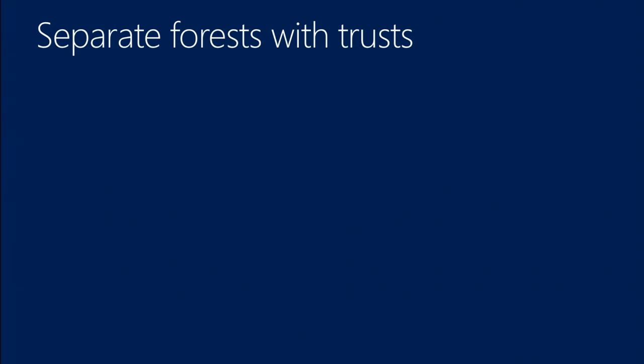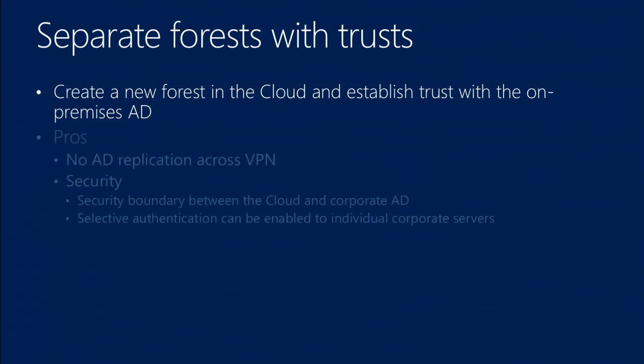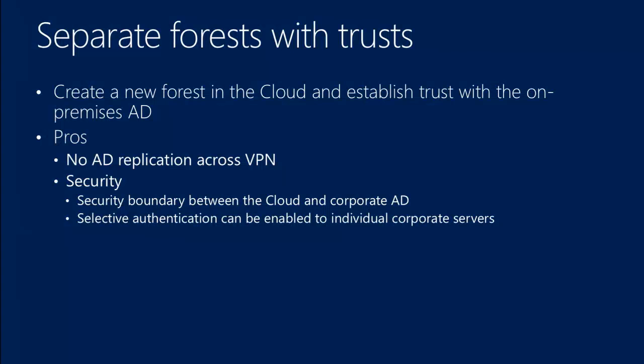Separate forests with trust, the problem with those, we can create another forest up in the Azure cloud, and then we can have a trust with on-premise. But what we've got there if we do that is that we've got the pros. There's no AD replication across the VPN, so we have an on-prem to cloud VPN, so no replication happening there.